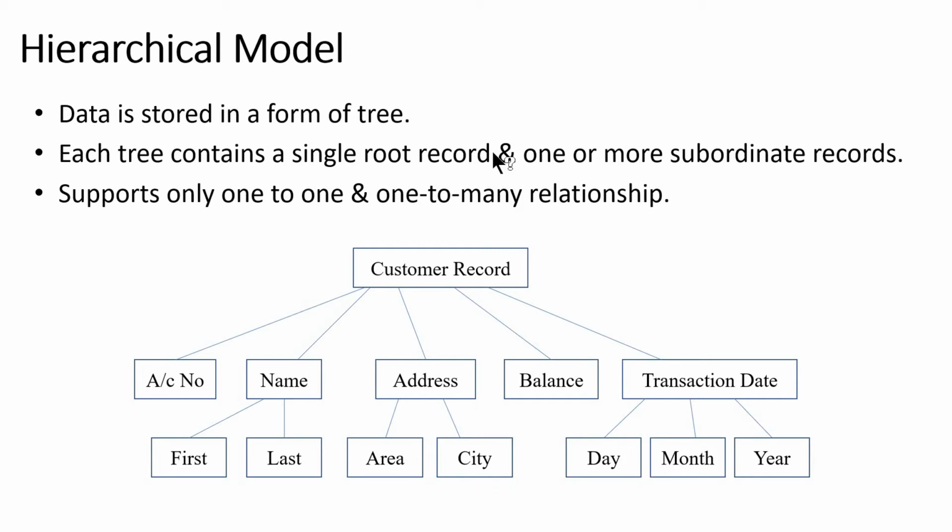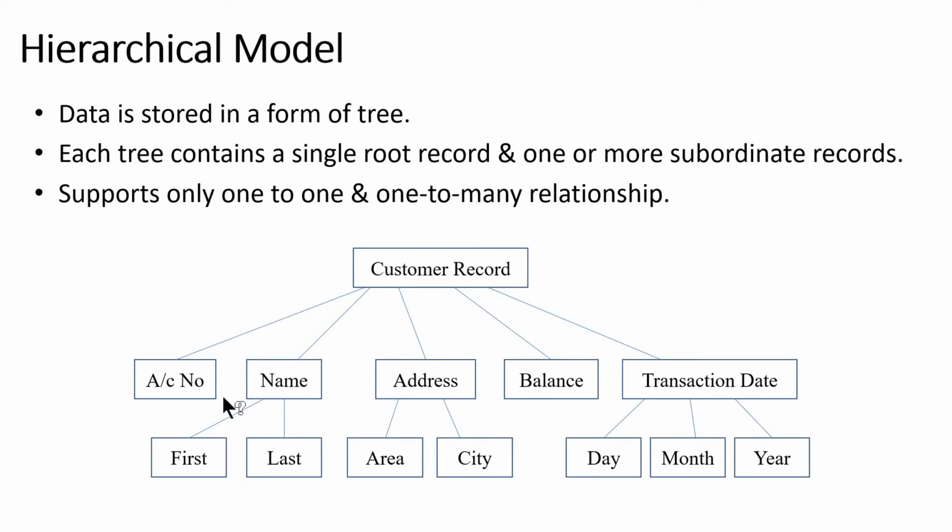Let's see here, data is stored in the form of a tree structure. When we see this particular structure, it is in the form of a tree where the customer record is the root, and once we come down to the next level, we can see the account number, name of the customer, address of the customer, balance, then transaction date.